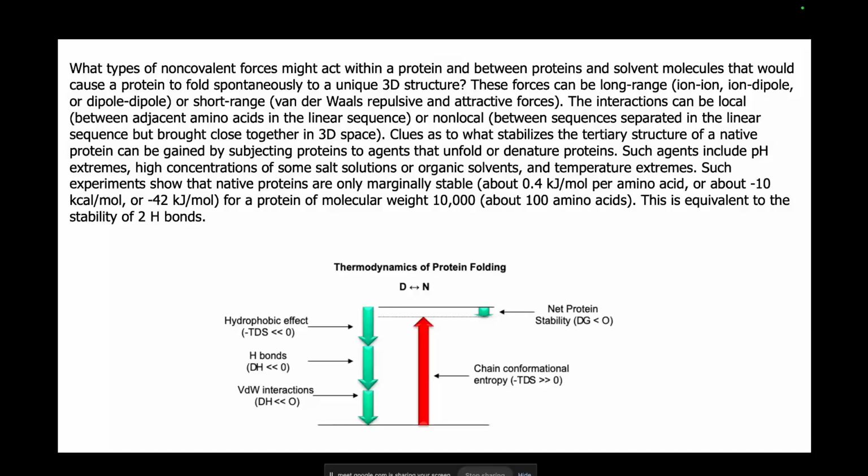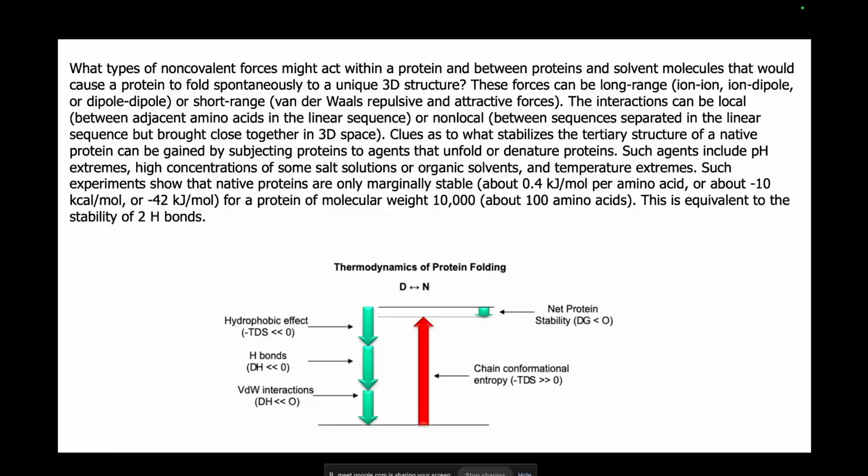So it is not very strong because there are other factors involved that cause an increase in energy. All these interactions, hydrophobic interactions, hydrogen bond interactions, and van der Waals interactions, bring down the delta G of the protein because they stabilize it. They're interacting with each other, folding, and stabilizing the protein altogether.